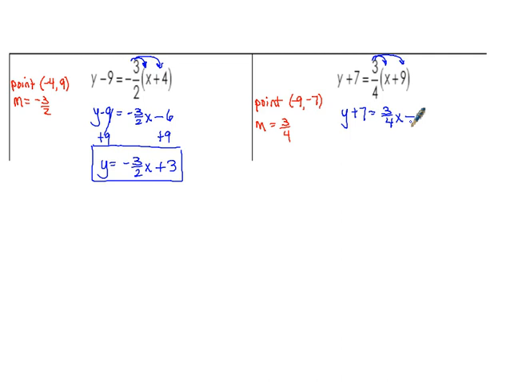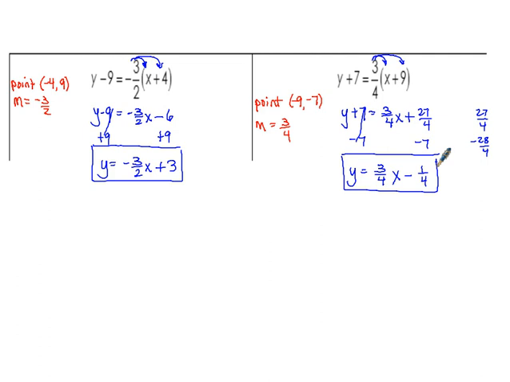If I multiply 3/4 by 9, I'm looking at 27/4. Get rid of the 7, y equals 3/4 x. And if I do my calculations correctly, 27/4 subtract off 28/4 will give me a difference of negative 1/4. So my slope-intercept is y equals 3/4 x minus 1/4.